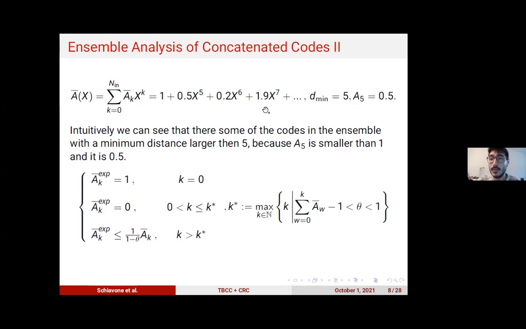So now I have a coefficient that's greater than 1. So it means that I cannot have any guarantee that there are codes that have a minimum distance greater than 7, but I can guarantee that there are codes that have a minimum distance of 7, because 0.5 plus 0.2 is still below 1.